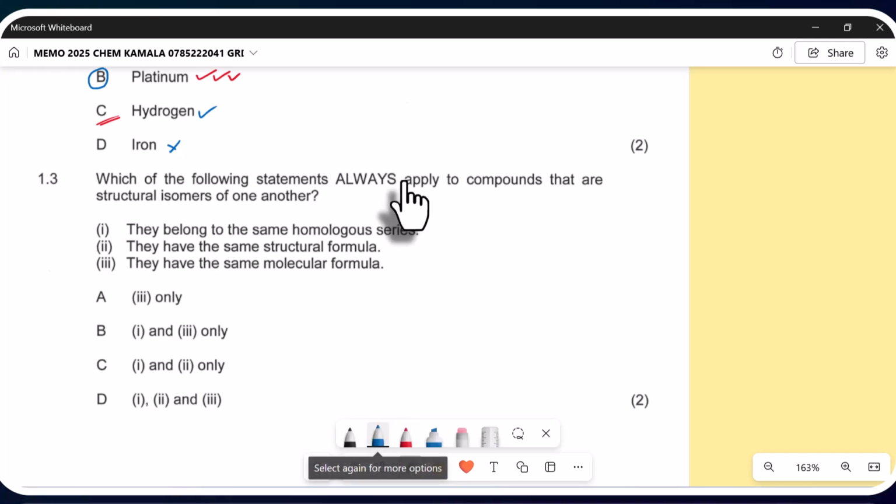For example, functional isomers like carboxylic acids and esters are different homologous series, and even ketones and aldehydes are functional isomers with different homologous series. Then they say they have the same structural formula.